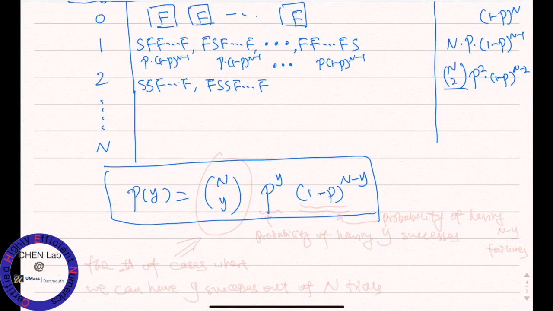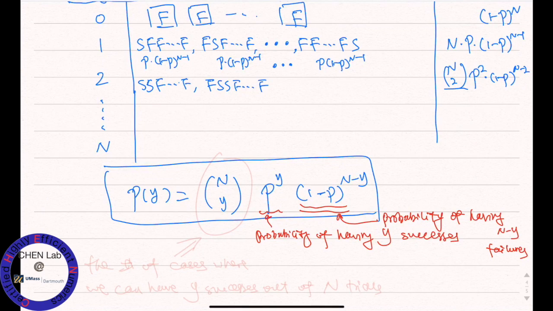In particular, this part is the probability of having y successes. If you have y successes, you have n minus y failures, right? So that's the probability of having n minus y failures.